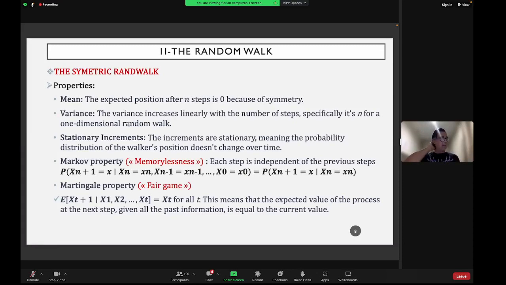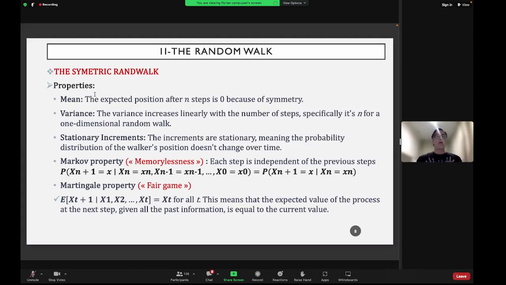You will see in the geometric Brownian motion that the variance is time. So you have here properties that will remain the same in the different stochastic models we will go through today.